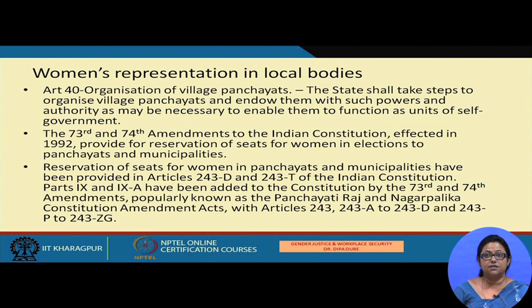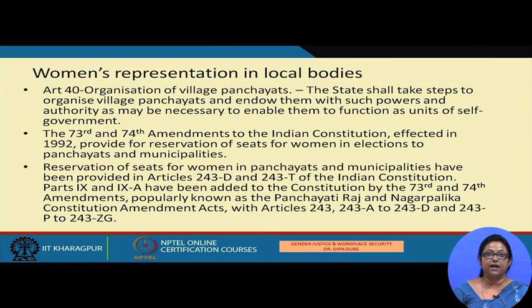In accordance with the change, there has been a change with regard to women's representation in local bodies. So, Article 40, which speaks of directive principles, says the state shall take steps to organize village panchayats and endow them with such powers and authority as may be necessary to enable them to function as units of self government.